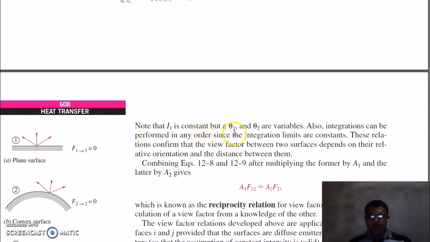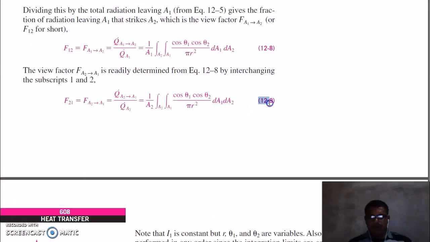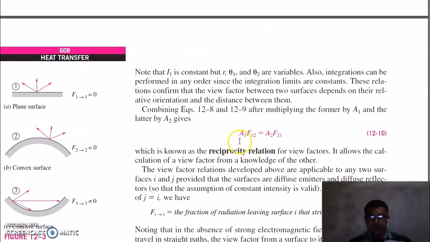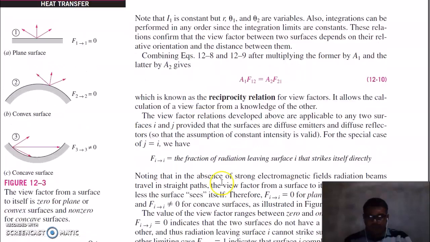I1 is constant, while R, theta 1, theta 2 are variable. When you combine this equation with this equation, the only difference is A1 and A2. So take A2 on this side and A1 on this side and then equate. You will get A1 F12 is equal to A2 F21, which is known as the reciprocity relation for view factors.